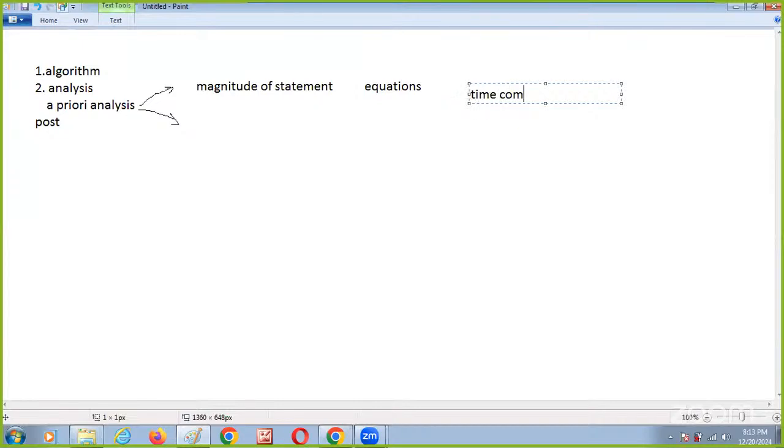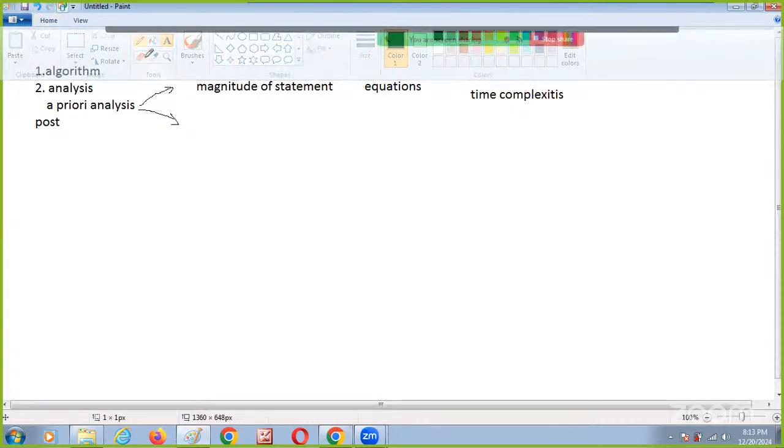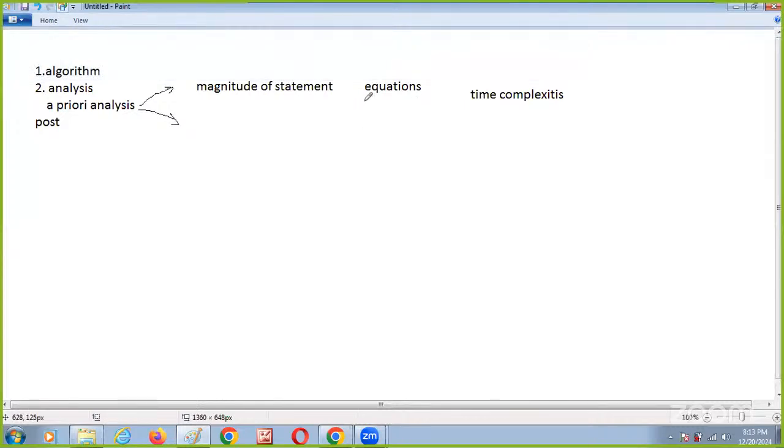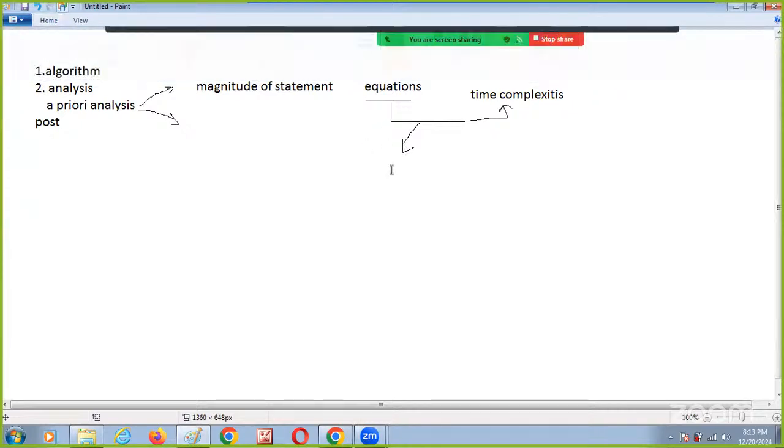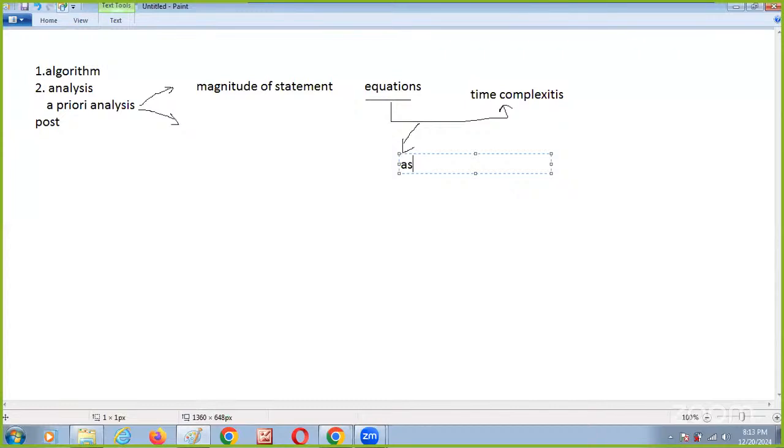To find the time complexities, something is involved here. What is that?